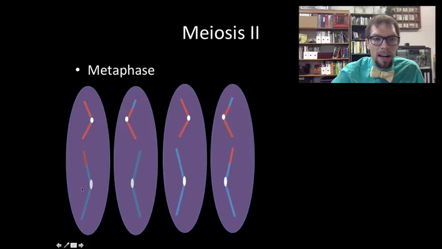You can have them aligned so that that isn't the case. And in reality, crossing over is going to occur multiple times. So you're going to have crossing over on both of these, but how one homologous pair of one chromosome aligns in the middle of the cell is not going to affect how another chromosome lines up in the middle of the cell. So this also contributes to the genetic diversity of the offspring.